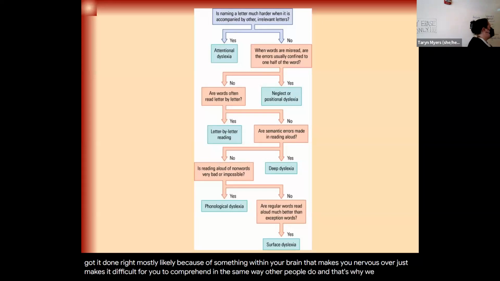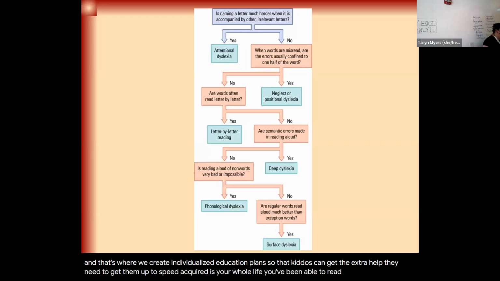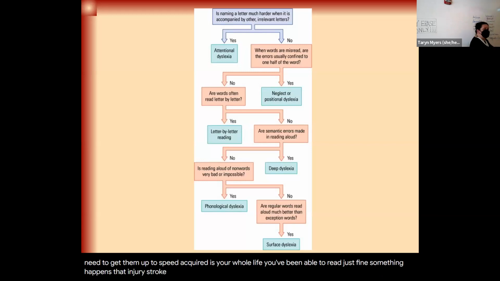And that's why we do testing, and that's why we create individualized education plans so that kiddos can get the extra help they need to get up to speed. Acquired is where your whole life you've been able to read just fine. Something happens, head injury, stroke, something along those lines, and now you're having a hard time reading. Okay, so those are the distinctions there.